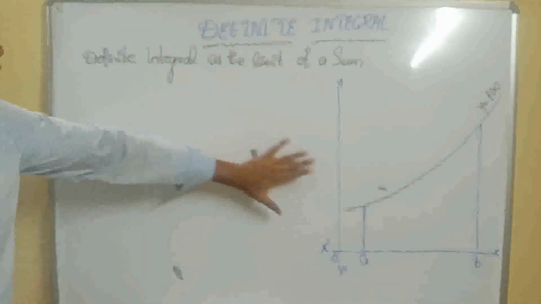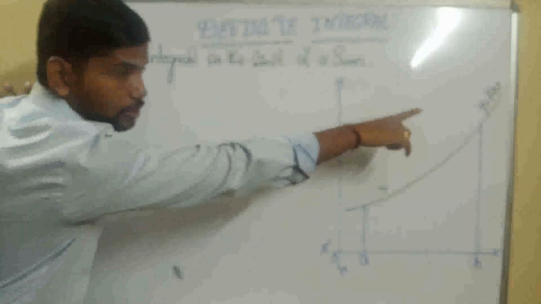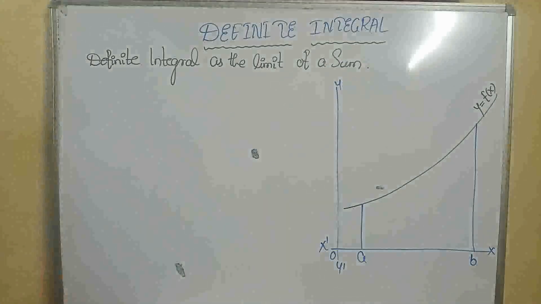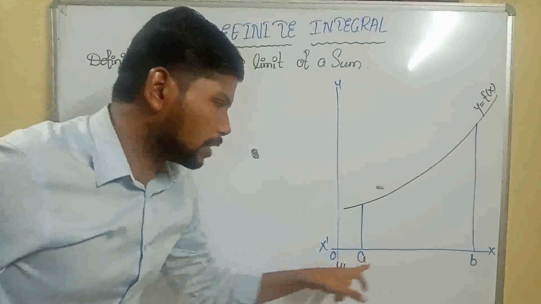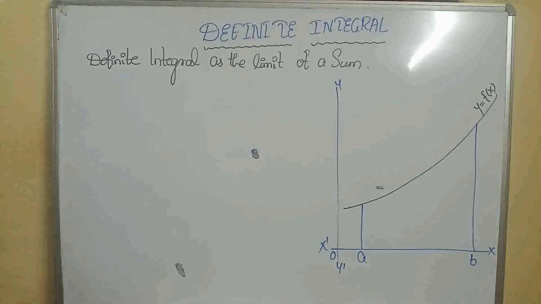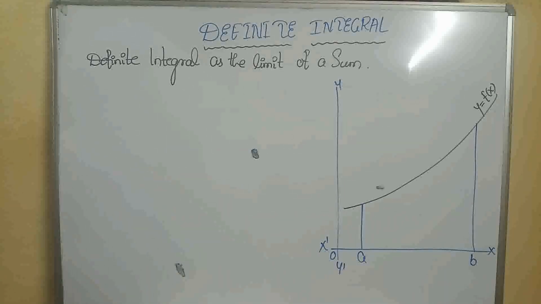Look here at the graph. y equals f of x is a real valued function on the closed interval a to b, where this interval a to b is divided into n equal parts, each of width h, by inserting n minus 1 points, like I'd like to show you.